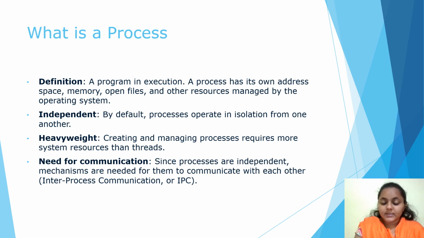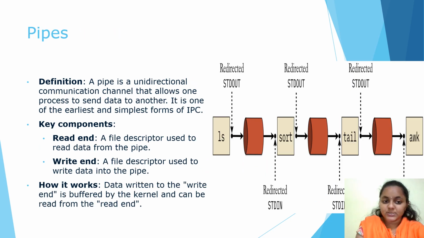To make them interact, the OS provides inter-process communication (IPC) mechanisms like pipes, message queues, shared memory, etc. Example: when you run two programs, a text editor and a web browser, they run as separate processes. They cannot directly share data unless IPC is used.